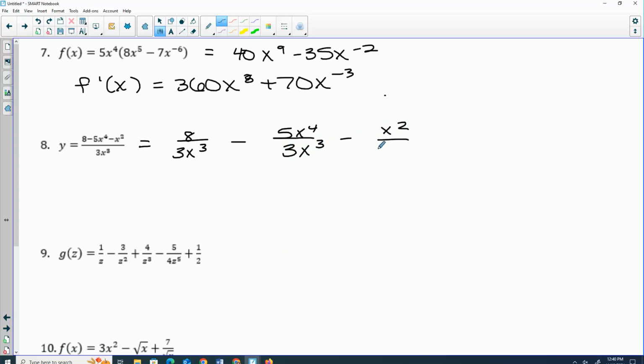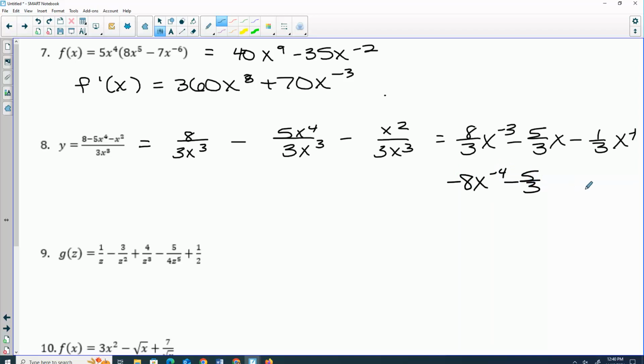It's just up to you. If you did that, it's like 8/3 x to the negative 3 minus 5/3 x minus 1/3 x to the negative 1. And then if you do your derivative, you get negative 8x to the negative 4 minus 5/3 plus 1/3 x to the negative 2.